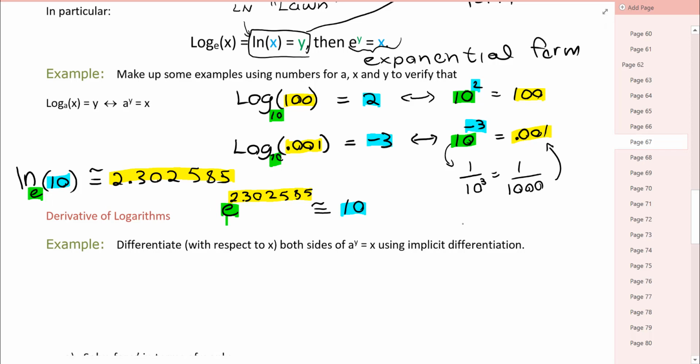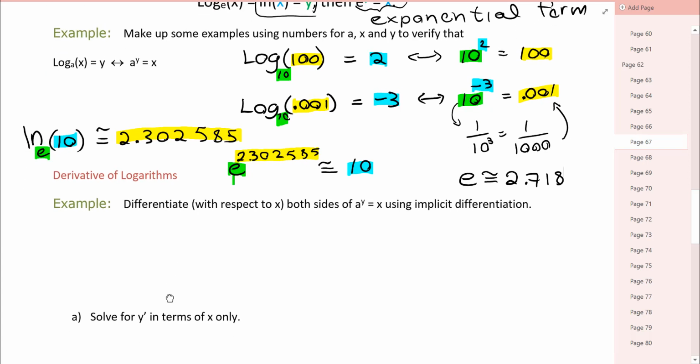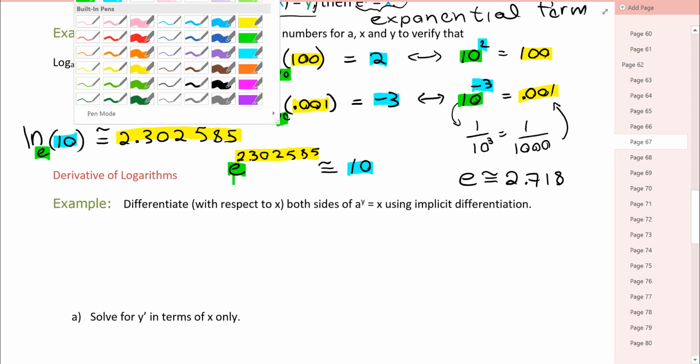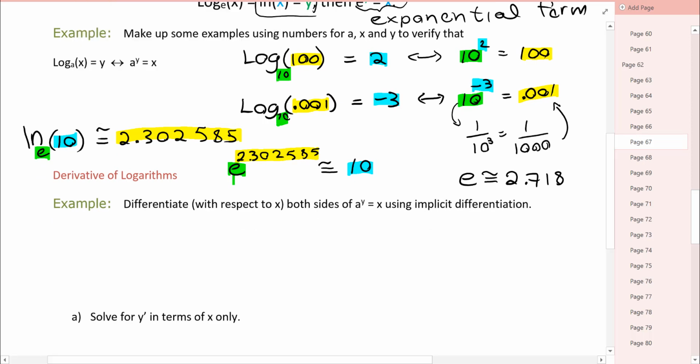Remember, e is just a number. e equals approximately 2.718. It's just a number. But it has that special property that e to the x is its own derivative, which is why we use it. And the natural log is also the easiest one to take the derivative of compared to other logs.